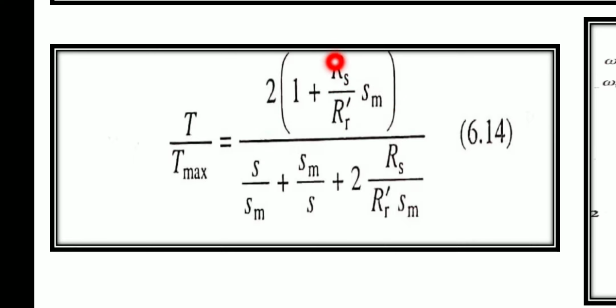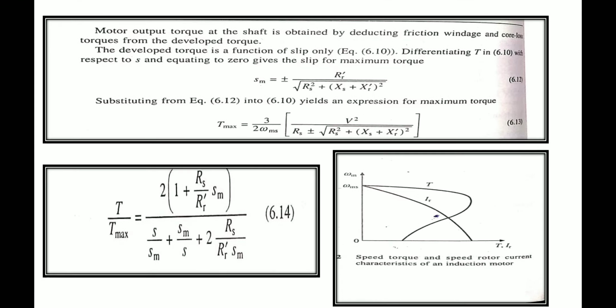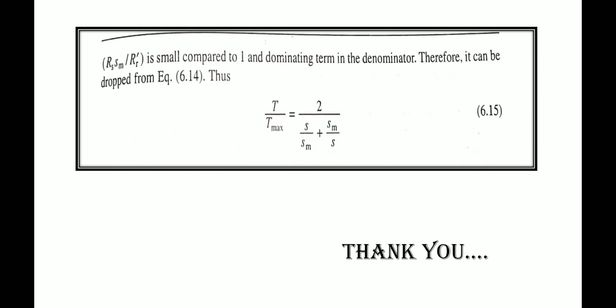This 2 times Rs divided by Rr dash Sm gets cancelled. Only the remaining term is 2 divided by s divided by Sm plus Sm divided by s. So this is the ratio T divided by T max.